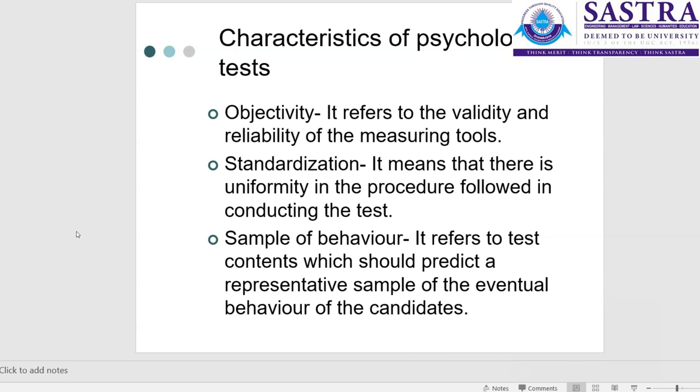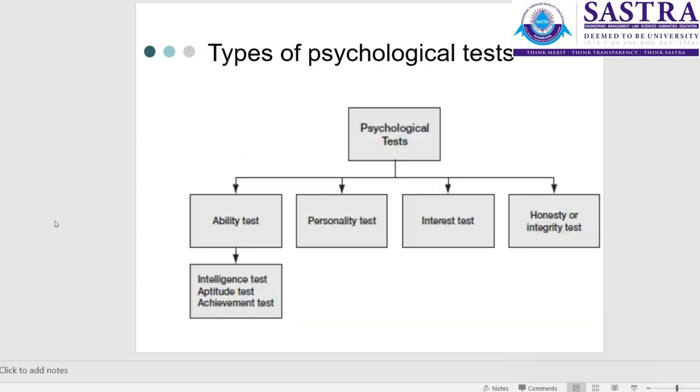So it should be objective, it should be standardized, and we should be able to predict the representative sample of the eventual behavior of the candidates. These are the important characteristics of a psychological test.